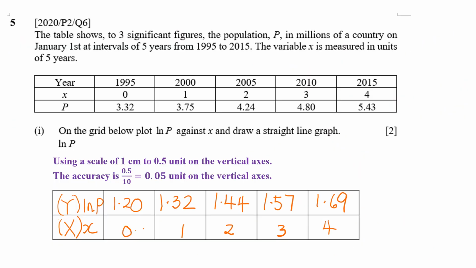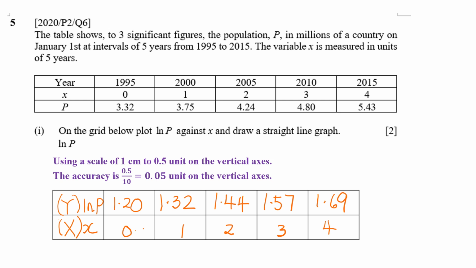All right, so let's look at the next question. This is also a question where you need to get your graph paper ready. We have a table shown to 3 significant figures, the populations of a country, in intervals of 5 years.